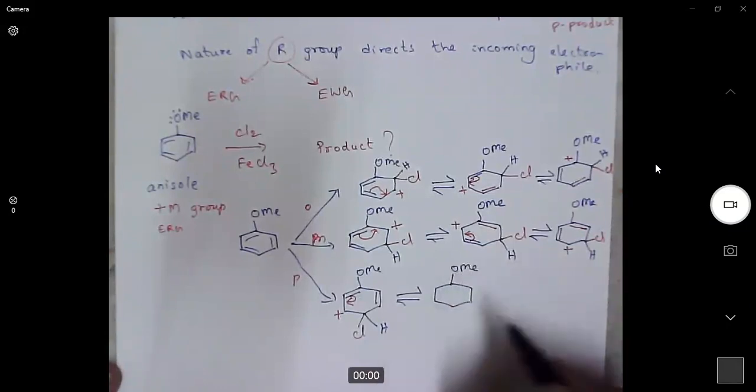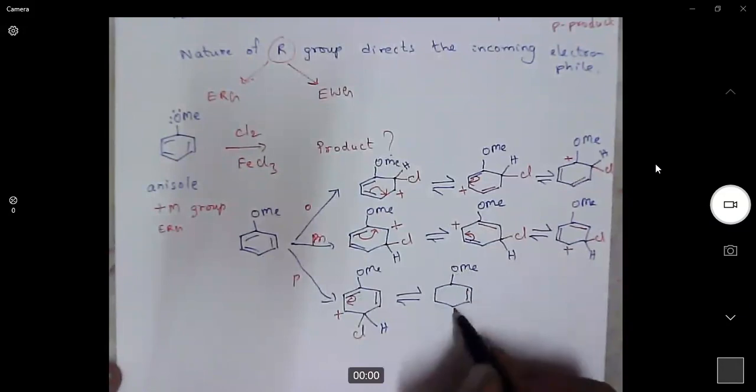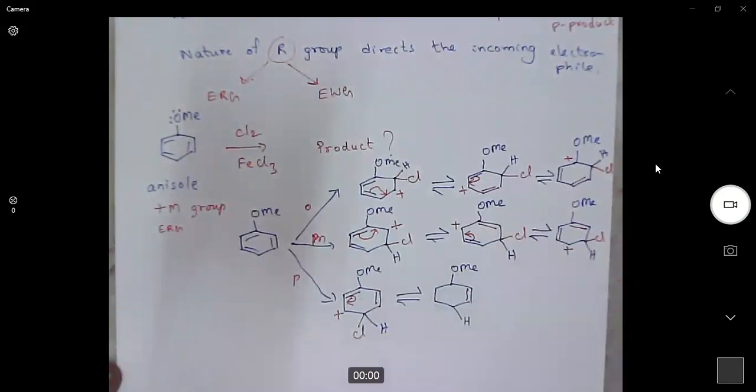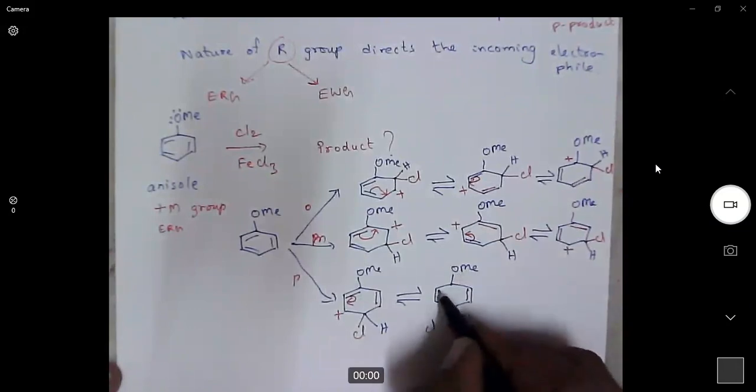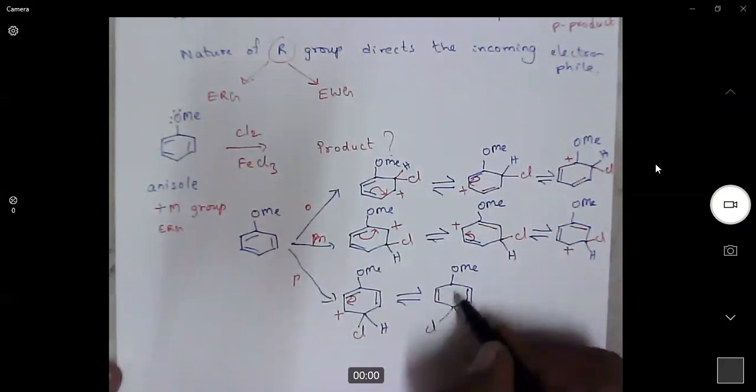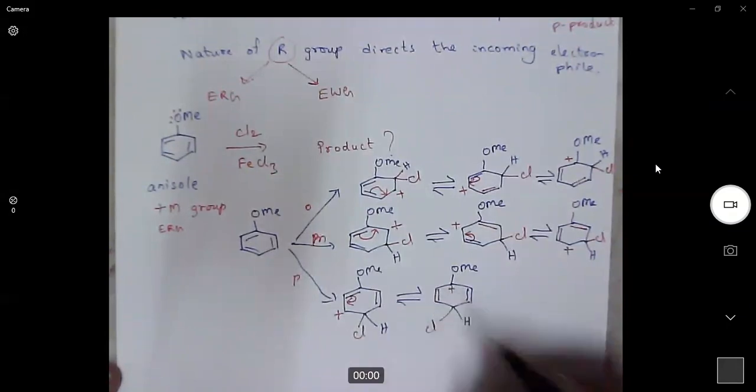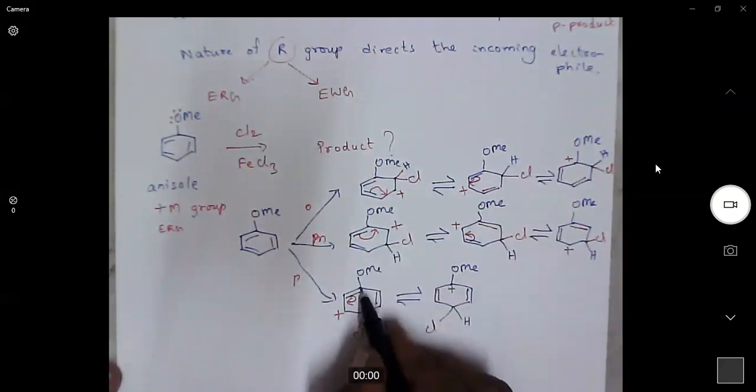OMe, double bond, this is the freshly generated double bond, and this is the carbocation center, because this carbon is losing electrons.